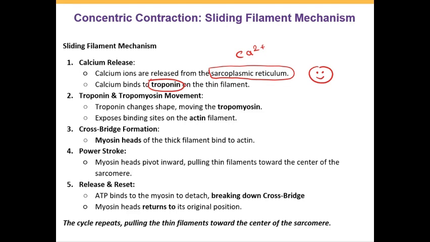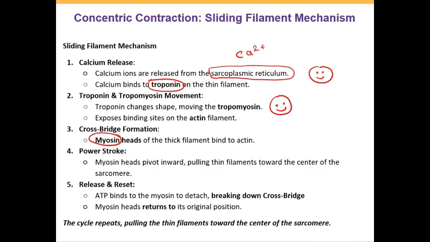And now guess who's gonna be the happiest molecule now? If you said myosin, you are absolutely correct. Myosin was waiting for this moment for a long time. Now the myosin heads of the thick filament bind to the actin. And we call this a cross bridge.